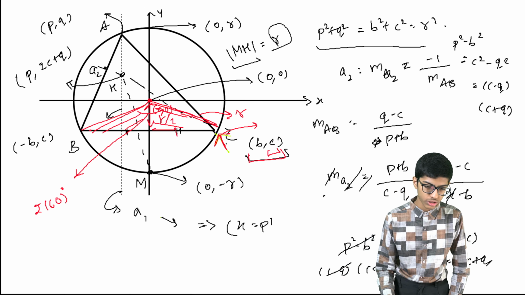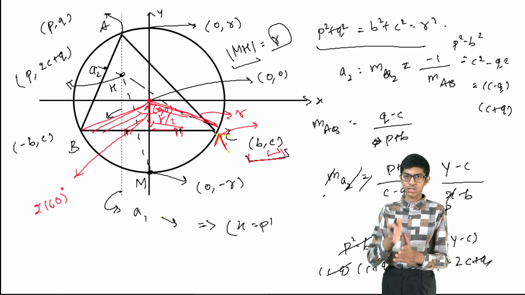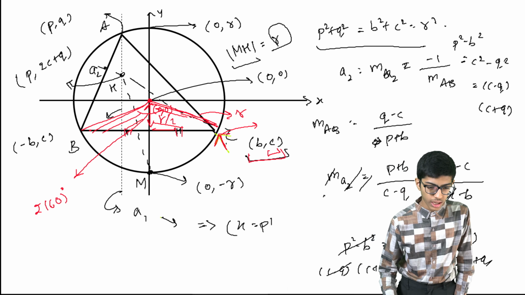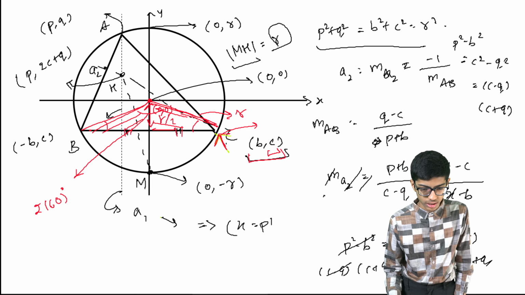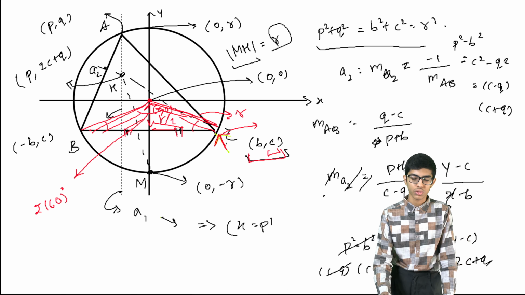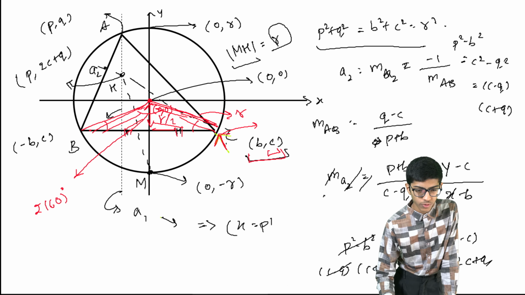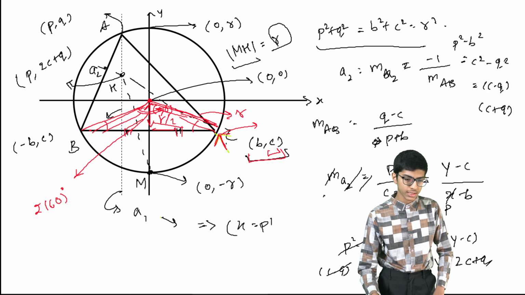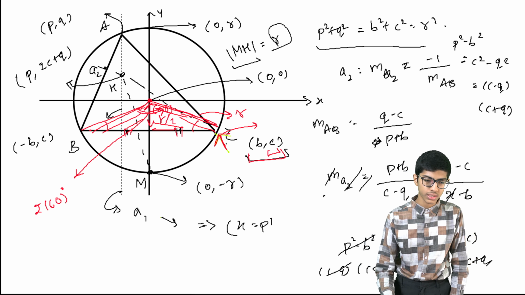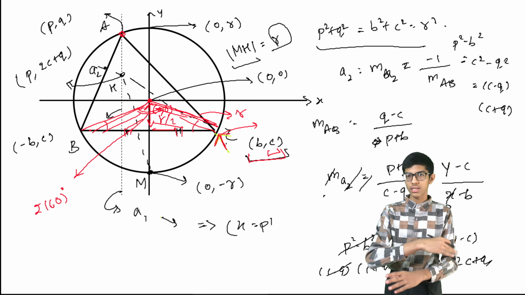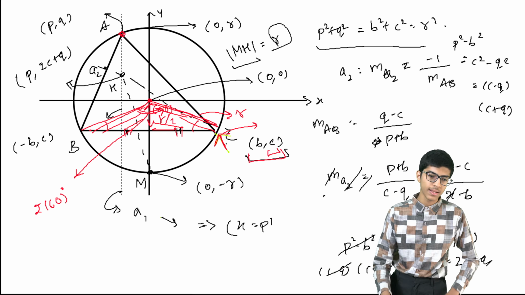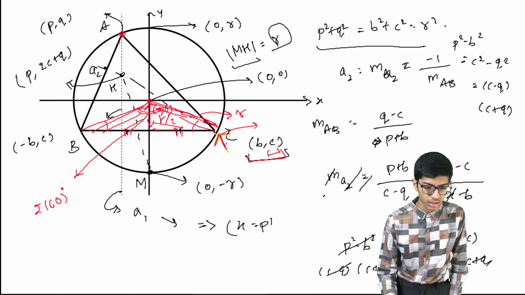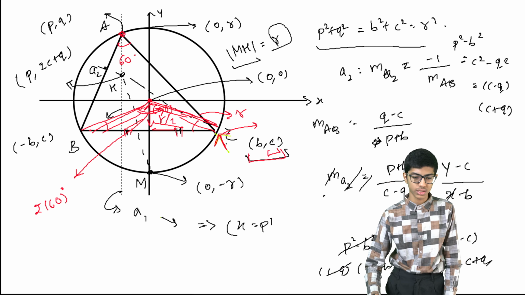Because these sides are equal as we partitioned along the y-axis, and these angles are again equal, for these two congruent triangles we have a total of 120 degrees subtended at the center. As the angle subtended at the center is twice the angle subtended at any point on the circle, we have angle BAC equals 60 degrees.